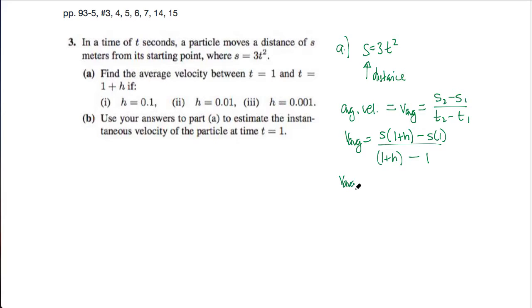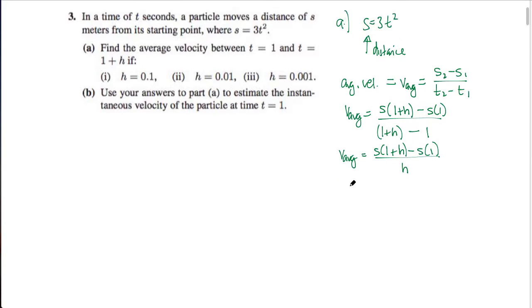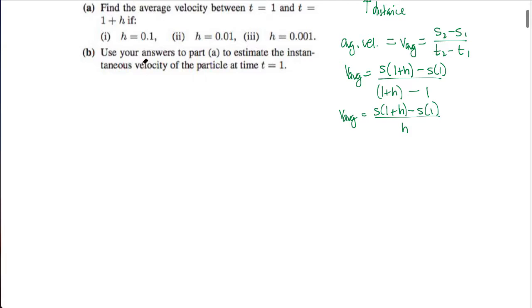So really my v average expression is going to be s of 1 plus h minus s of 1 over h, because I'd have 1 minus 1 on the bottom. So using this, I have several different values of h.